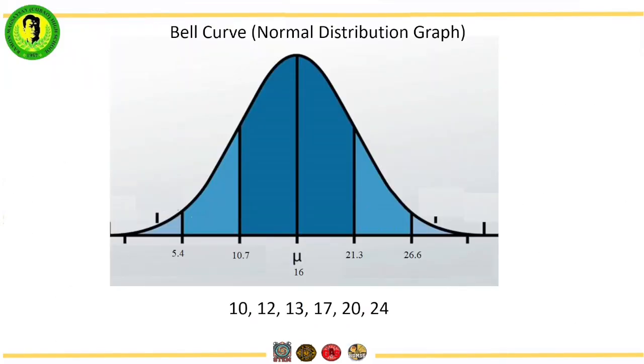As I said earlier, we will put this into our bell curve or the normal distribution graph. At the middle of the bell curve we will have the mean, and our mean, or mu, is 16. So where did 10.7 and 21.3 come from?